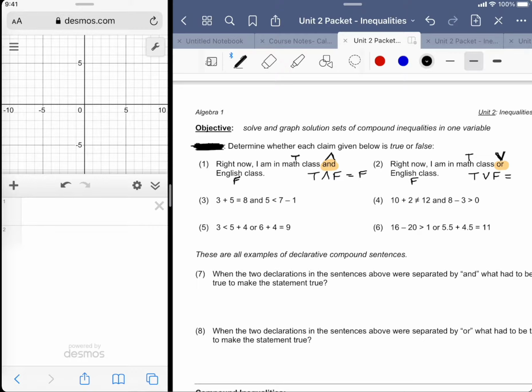Now, if I read it the way somebody would ordinarily, most likely, read an "or" sentence in real life, probably throw the word "either" in, say, "I'm in either math or English class." Like if you're having a conversation with somebody, "I can't remember my schedule. I know I'm in either math or English period 2."